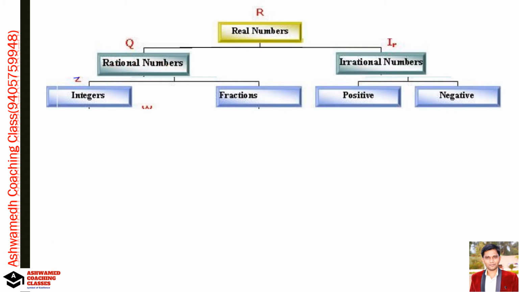It is of the form P upon Q, where Q is never 0. We have seen this, and in the previous standard also we have discussed this. Now these rational numbers contain integers and fractions.